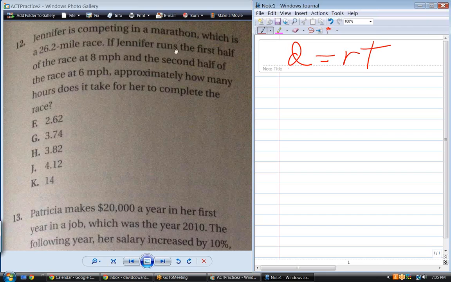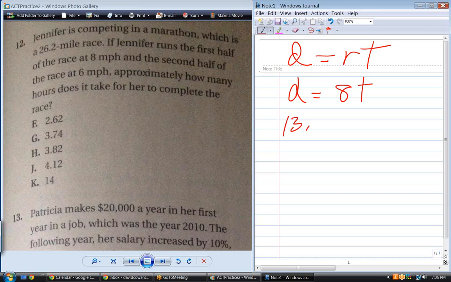I'm reading it myself now. She runs the first half of the race at 8 miles an hour and the second half at 6 miles per hour. How many hours did it take her to complete the race? What distance did she run at 8 miles an hour? 13.1.